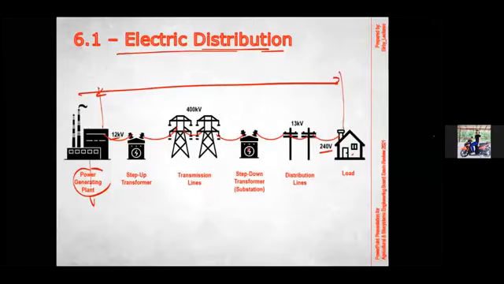Because of the distances, there are losses along the lines, and that's why it has to have higher values. So it's being stepped up and then transmitted along these transmission lines.